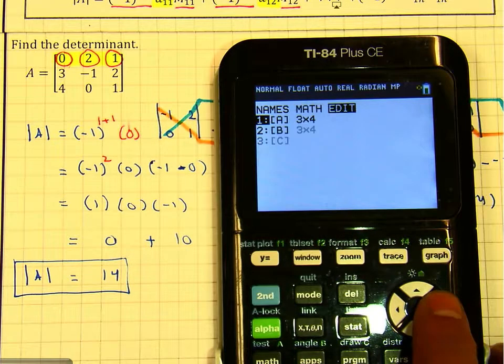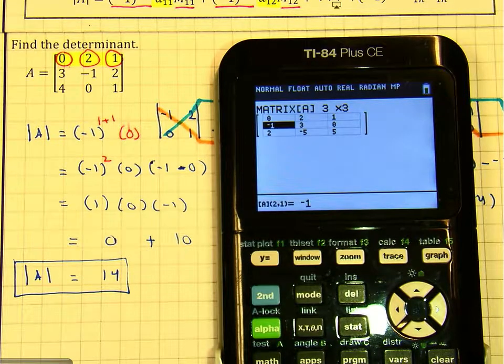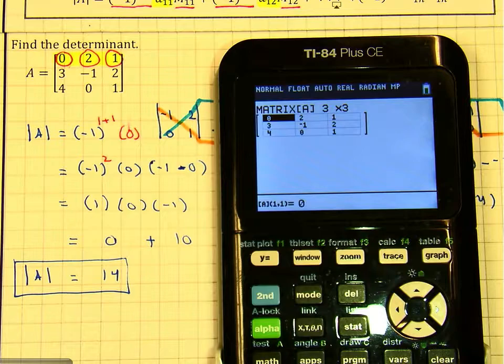I'm going to go under edit, and I have a 3 by 3. So it'll be 0, 2, 1, 3, -1, 2, 4, 0, 1. Once you have it set, we can find the determinant. So go and pause it, make sure that everybody has it on their calculator, and then we can continue on.